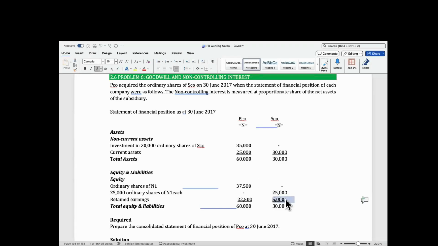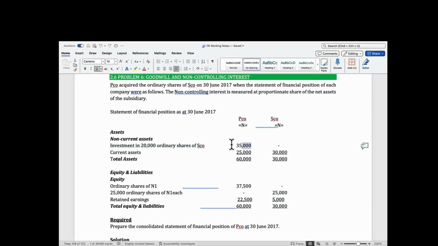It's part of the equity at the date of acquisition. It's different from all the questions we have been solving so far, where we acquired the subsidiary since incorporation. In that case, the retained earnings you will see here wasn't there at the date of acquisition. It's not part of what we are paying for. That's why we don't usually cancel it out, because it's not part of it.